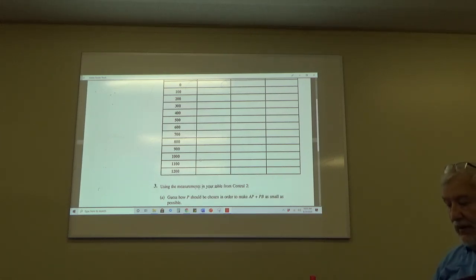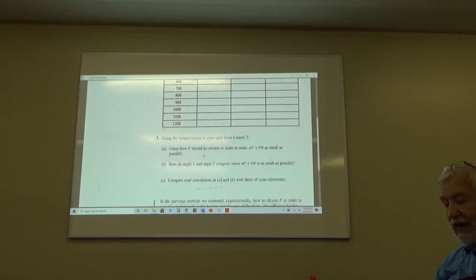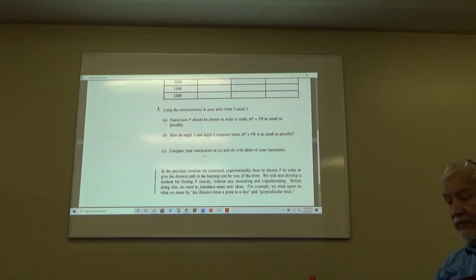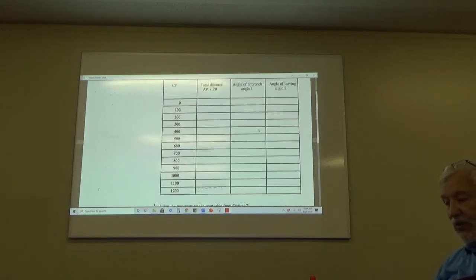Okay, all right. Now, so when you're done with that, then you're going to move to part 3. And it says, using the measurements in your table, guess how P should be chosen in order to make A plus B as small as possible, where you're going to see the values here. All right? And you're looking for A plus B as small as possible.